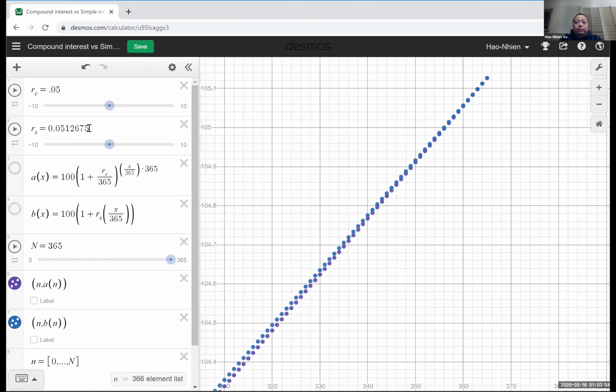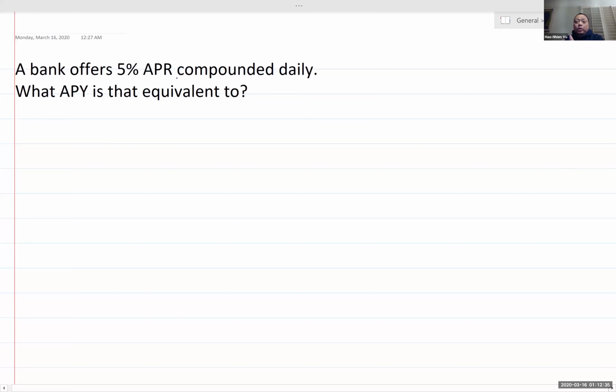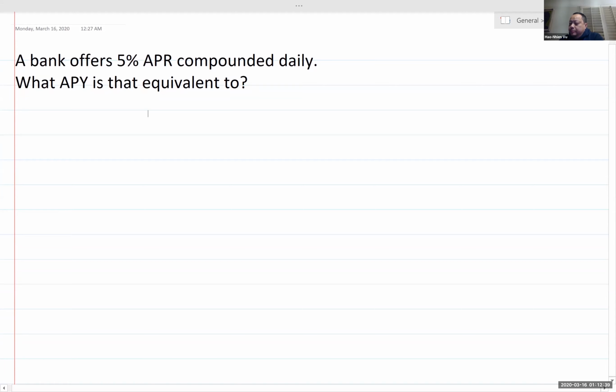And now let's calculate this out. All right, so we're back at this problem. Okay, so how do we find APY? How did we find APY with the graphs? We found APY with the graph by first figuring out where the endpoint of the purple line is, right?